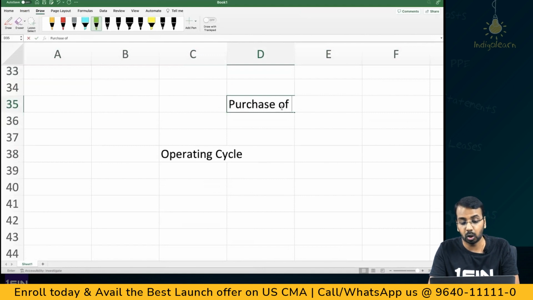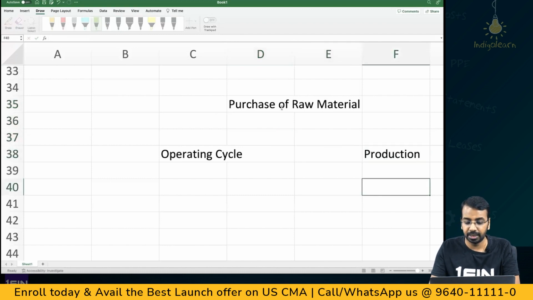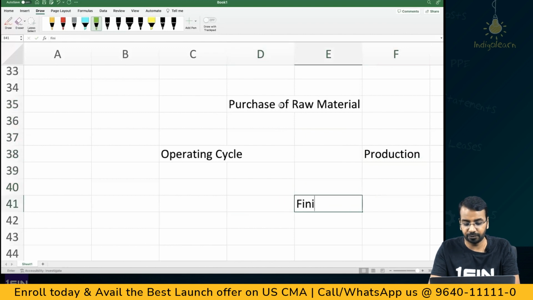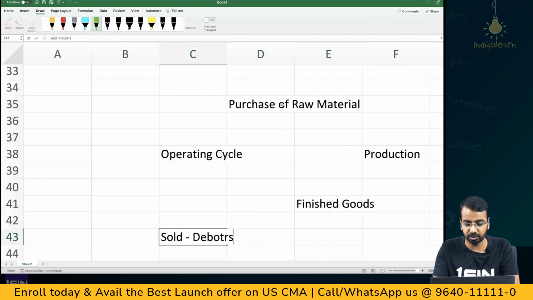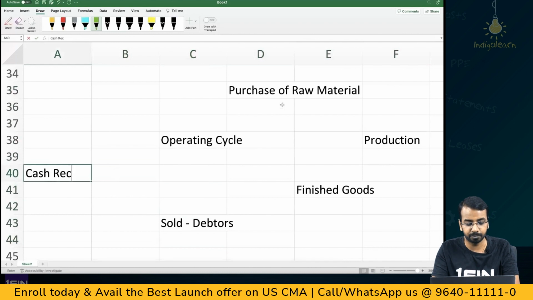You have purchase of raw material. After you purchase the raw material, you carry out production. Then after production, you have finished goods. Then finished goods are sold to debtors or account receivables. Then you receive cash from the debtors, right?